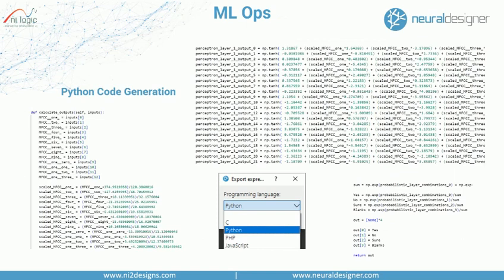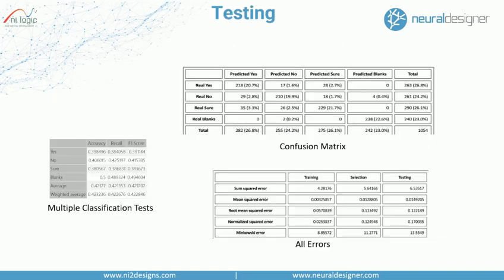These are some snaps of how our Python code and expressions are generated. This is the confusion table, that is our testing part. Looking at the last column named total, we can see 263 as the total yes output. But our output predicted by our model is 280 as yes, 17 as no, and 28 as sure.